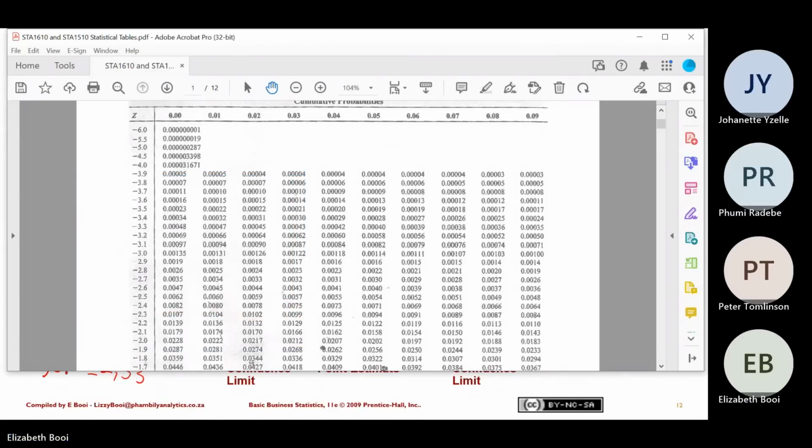So inside the table, we're going to look for 0,05.